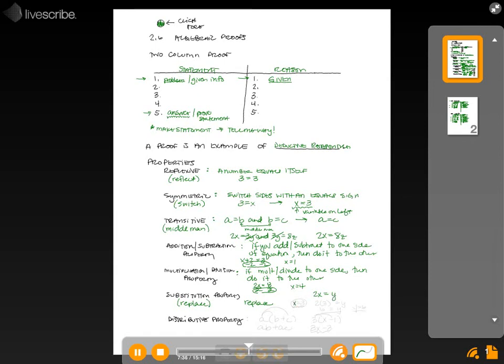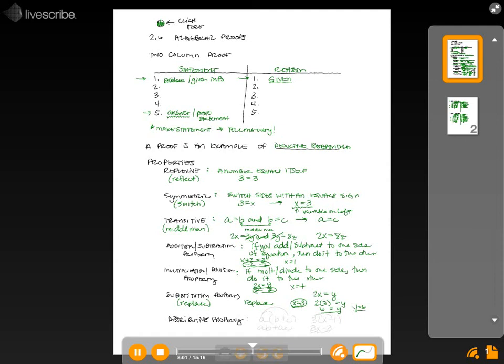And I know that x equals 3. I can use my substitution property because now I know that x equals 3, so everywhere I see an x, I can switch it out and put a 3 in its place. And then I get y equals 6. Or in this case, 6 equals y. And we'll switch it around using the symmetric property to get y equals 6.